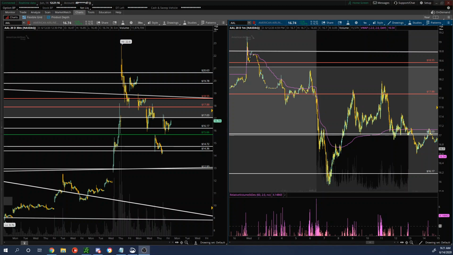So the first thing I want to look for in a stock that I want to be day trading is liquidity. I want something that has a lot of headlines around it, whether it's for an earnings report or a constant news flow around this index or ticker.